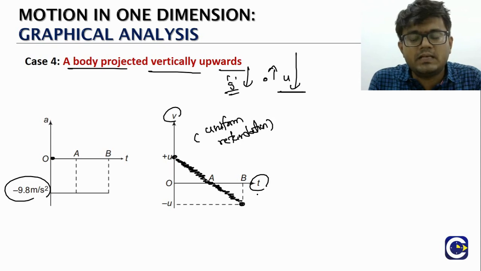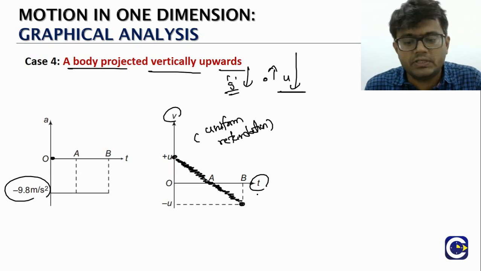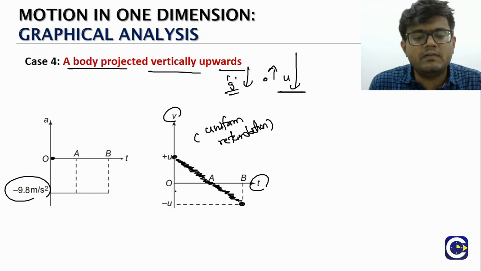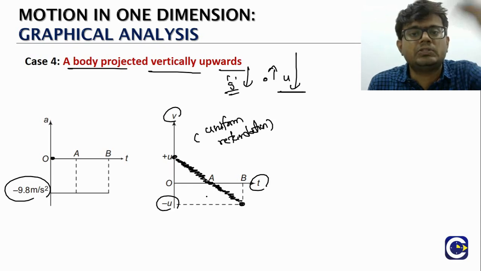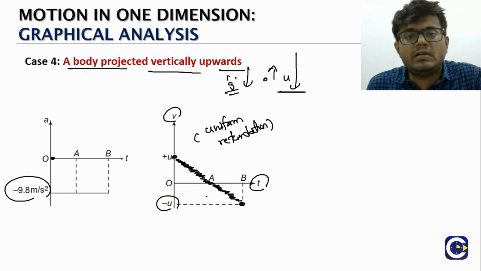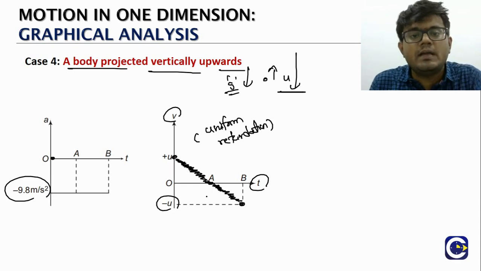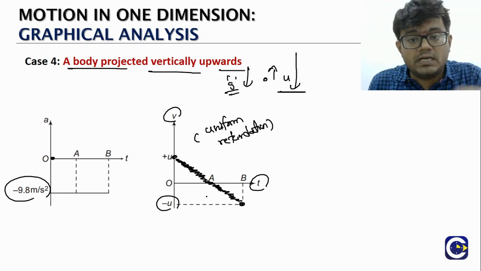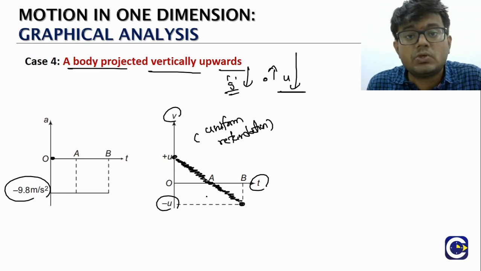If you throw an object with, say, 20 meter per second up, by the time it comes down it will have the same velocity, 20 meter per second, but downwards. If you throw it up with a velocity u, we take the initial velocity as plus u. Finally when it comes down, it will have the same velocity magnitude but opposite direction. That is why minus u.